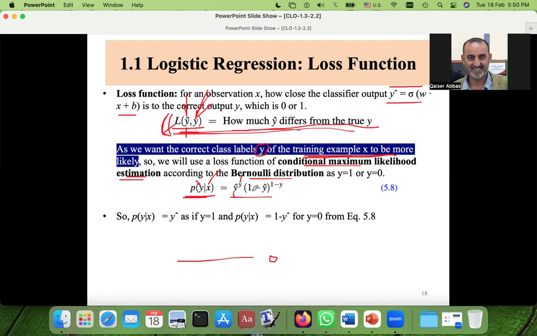You can understand the rest of the equation, 1 minus ŷ, 1 minus y, written according to the Bernoulli distribution. If you are writing a thesis, you have to give your references. I am writing this by using this reference.